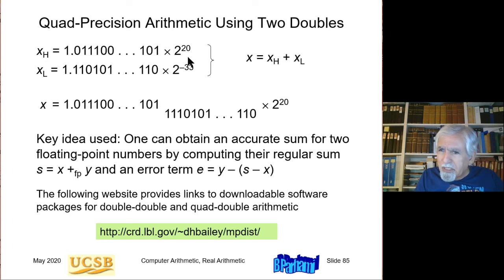Notice that the difference between the exponents is 53. This means that x actually represents this number. So you have to right shift this by 53 bits. And so basically you have a doubly wide number represented as 2 ordinary double precision floating point numbers.